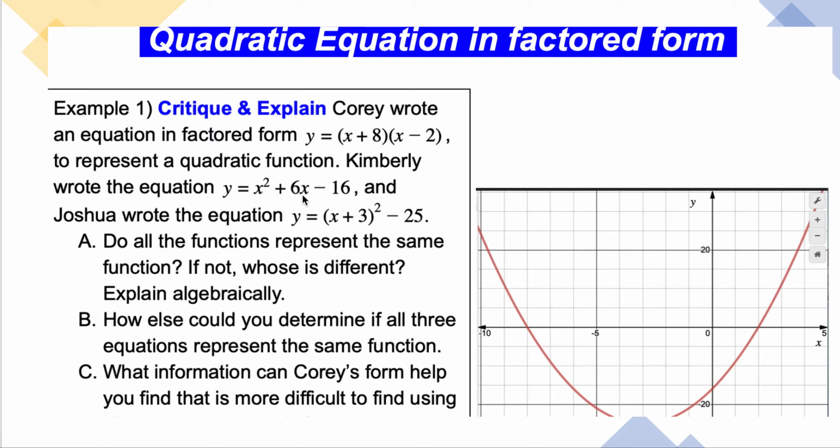But we can do the opposite. For example, we can convert Kimberly's equation and Joshua's equation into factor form. We can also convert Corey's equation and Kimberly's equation into vertex form. So we can convert each into the others' forms, in all three forms.